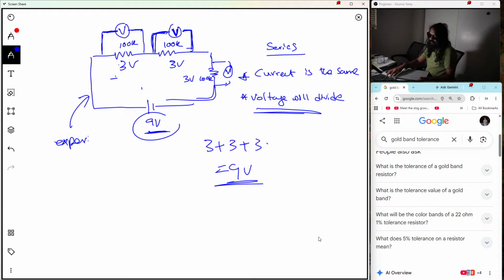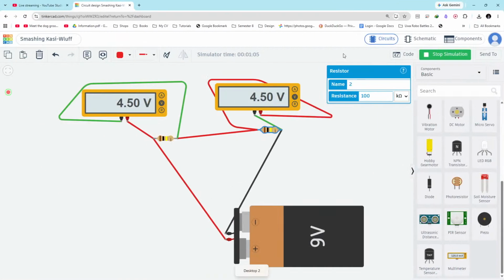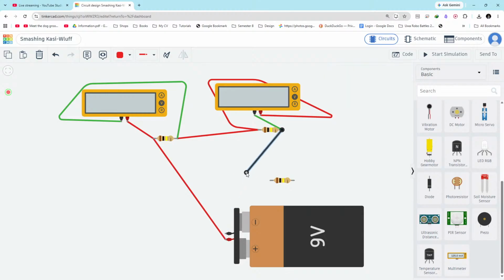So that is what is going to happen if we had another resistor. I can even add that resistor and show you. Control C, Control V. I don't need to measure it, it will make this messy. These resistors don't have any polarity, so you don't have to worry about that.